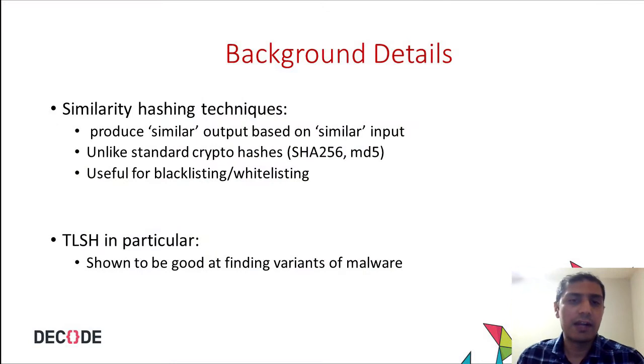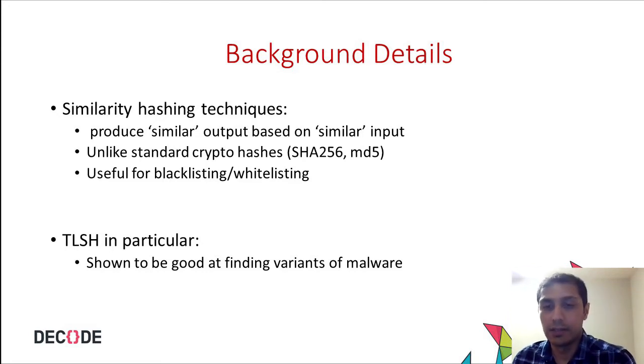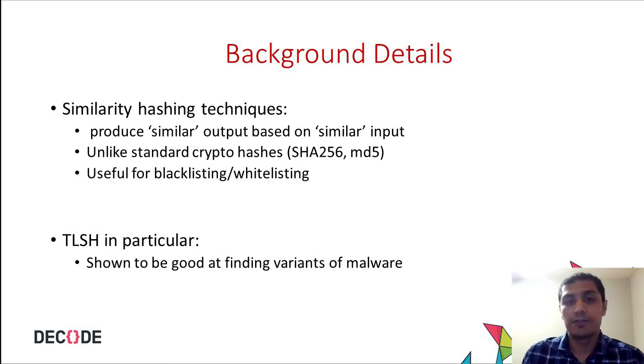The uses of that are in blacklisting or whitelisting. Imagine a blacklisting application where you want to blacklist items based on known malware items. The way you can use a similarity hash is that all the malware which is related to known malware would also be blocked.